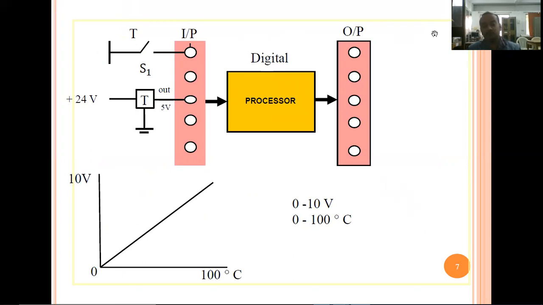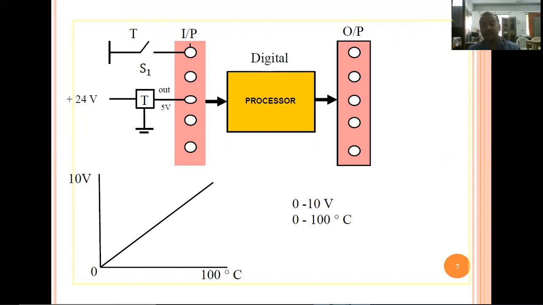Now, as an example, suppose we have a processor here, which is obviously digital control, and the input and output modules will be there. We have a temperature sensor in the field, and from there we take the input in the form of a temperature range of 0 to 100 degrees centigrade with a voltage range of 0 to 10 volt.